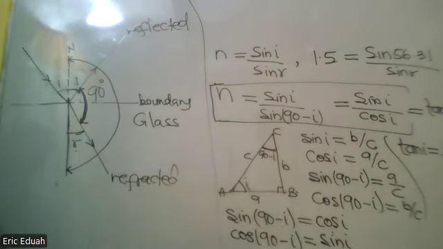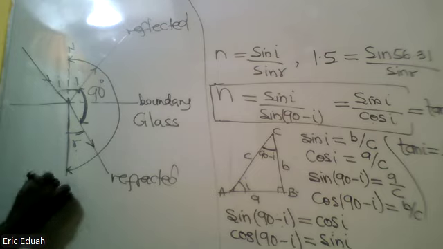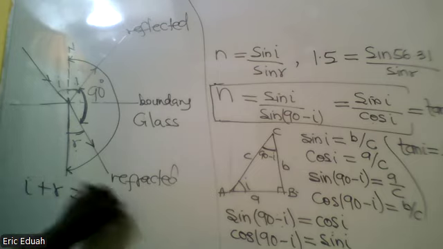One other way is that we also established that I plus R must be equal to 90.